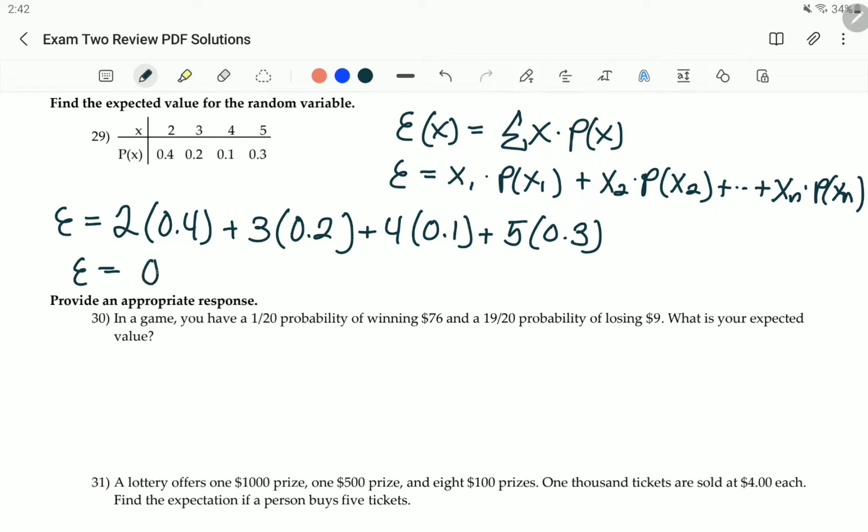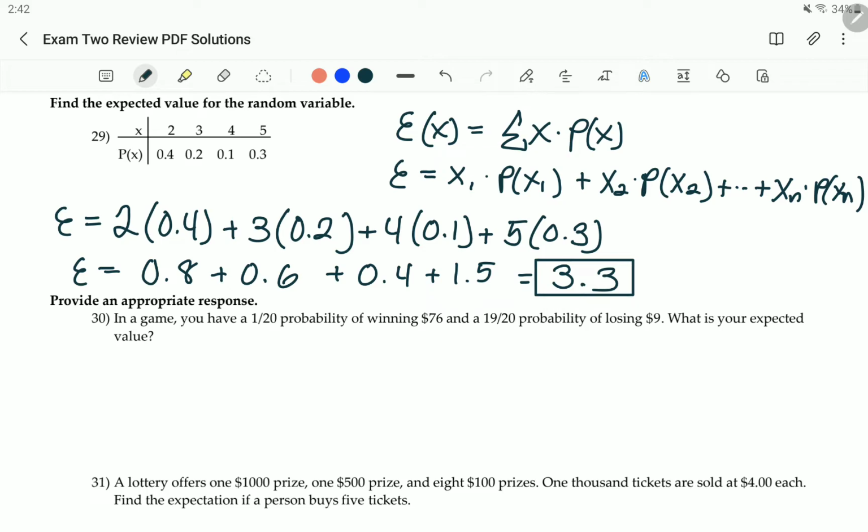This is going to be 0.8 plus 0.6 plus 0.4 plus 1.5. And now let's add that all together to get 3.3. And this is the expected value.